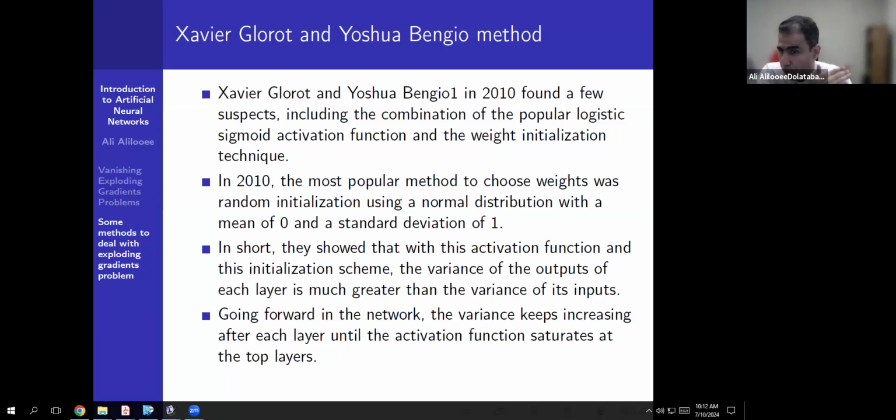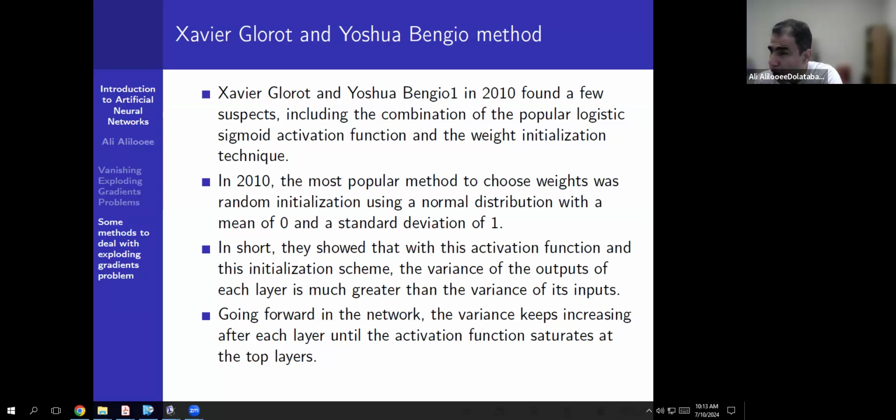And as we go forward through the network, the variance keeps increasing. After passing the first layer, the variance gets bigger. When we go to the next layer, again the variance gets bigger, and in the third layer it gets bigger again.